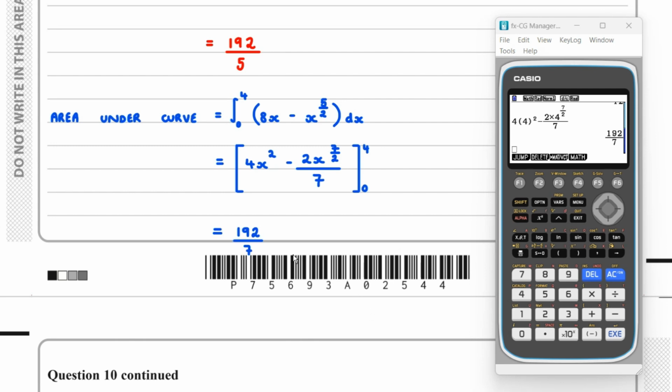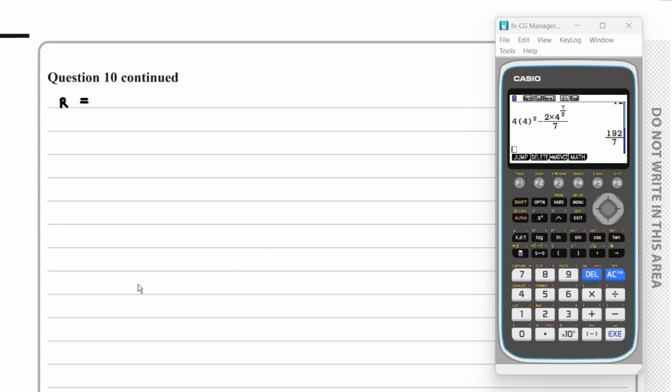So I end up with 192 over 7. So the area of R is equal to 192 over 5, take away 192 over 7, which is equal to 384 over 35.